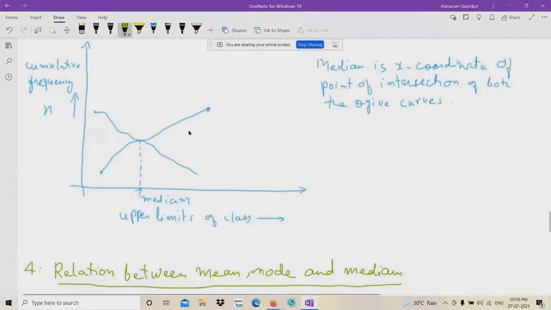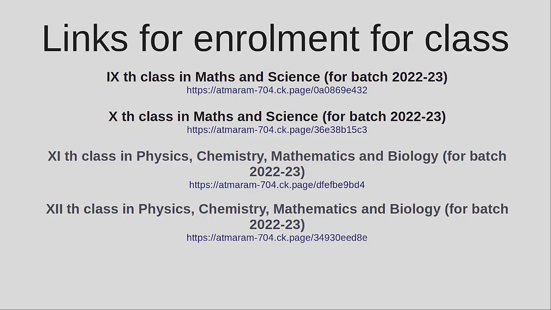Two graphs are plotted, one is the more than ogive and one is the less than ogive. The point of intersection is taken and its abscissa, which is nothing but the x-coordinate, is called the median. The median is the x-coordinate of the point of intersection of both the ogive curves.